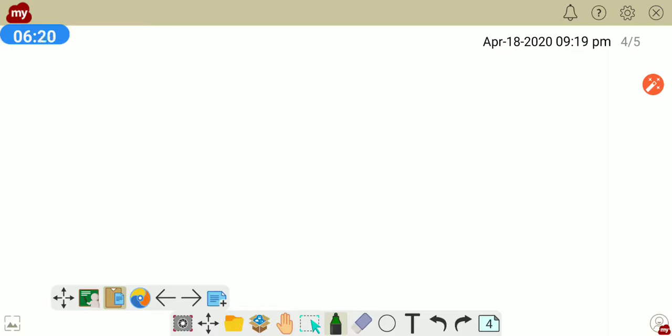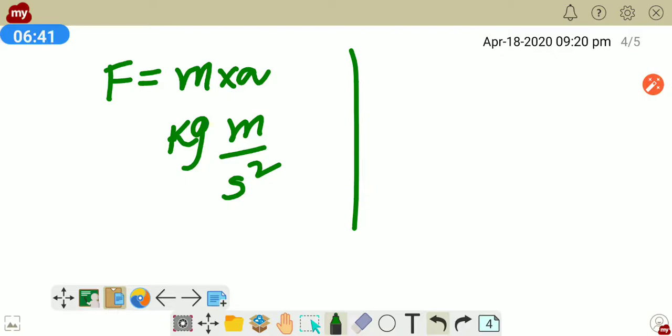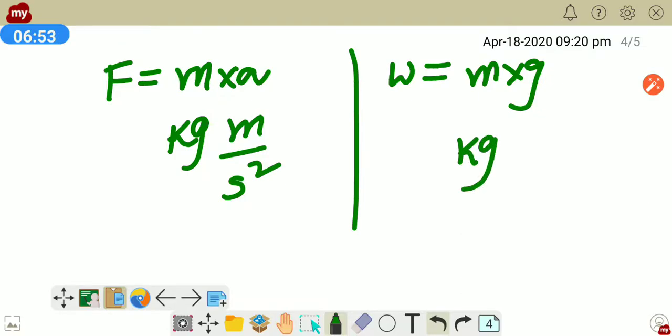According to Newton's second law, what is the definition of force? It is the product of mass and acceleration. Mass is measured in kilograms in SI units, and the unit of acceleration is meter per second square. And what is the formula for weight? W equals mass multiplied by acceleration due to gravity. The general unit of acceleration is meter per second square, irrespective of what kind of acceleration it is.